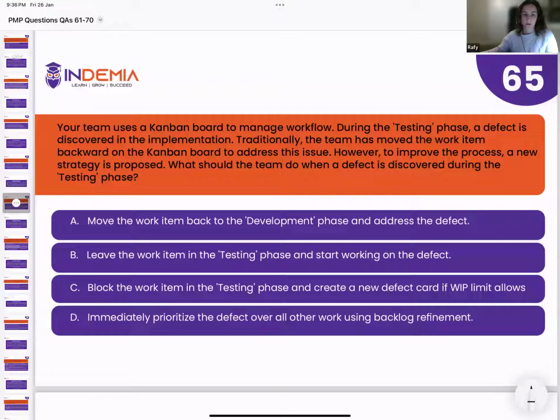There's nothing in the question that says that it absolutely needs to be prioritized. Correct. Maybe it can be resolved later, which is why I picked B.